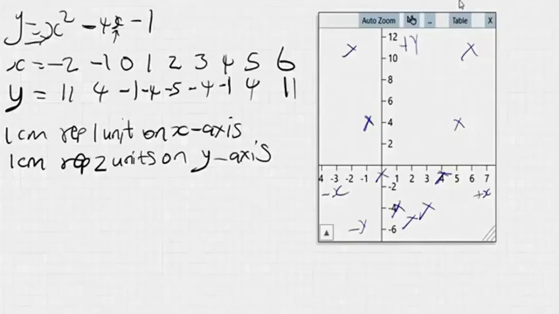So just for you to get the idea of how the curve will look like. So if I'm tracing this, I'm going to have something like this. Okay guys, so this is how your curve is going to be.